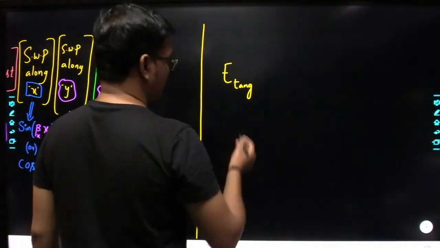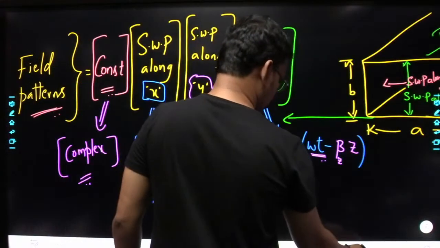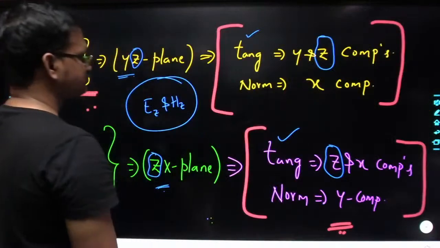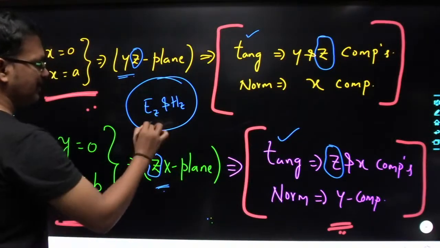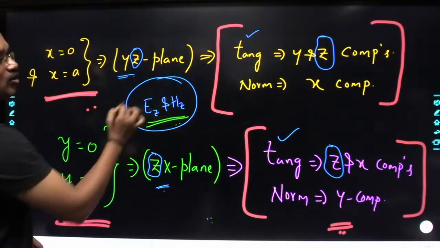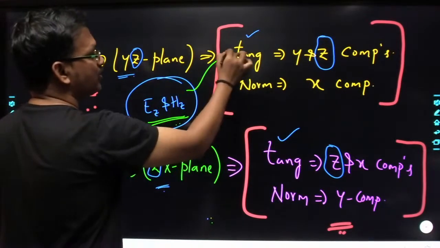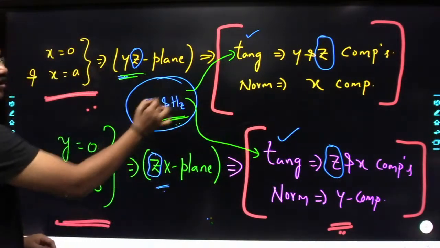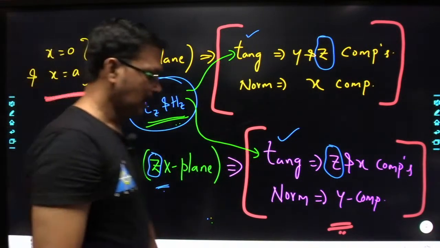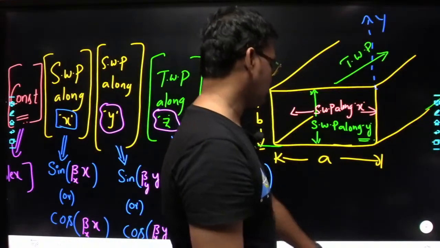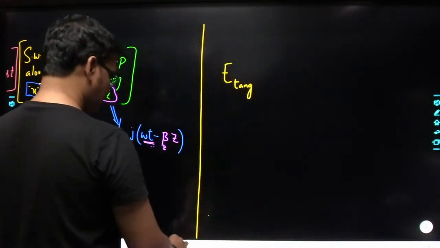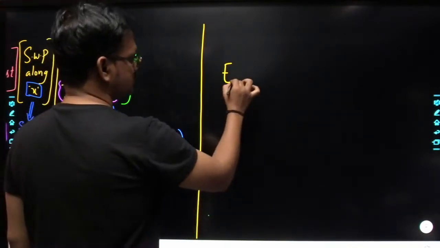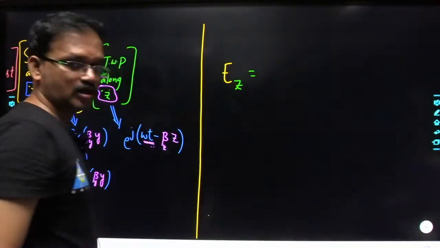For example, we know that Ez and Hz are going to behave as tangential components with respect to YZ planes, and also with respect to ZX planes. Now suppose I want to write the Z component of electric field, how can I write it here?